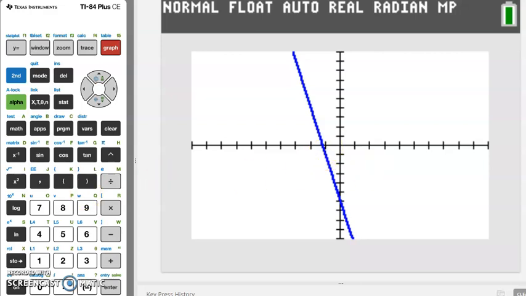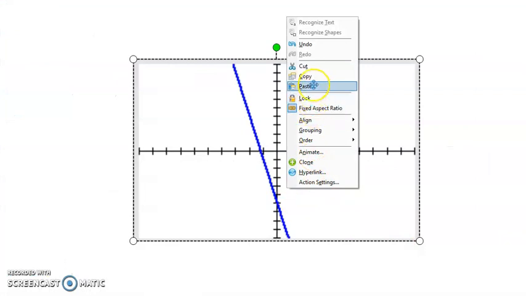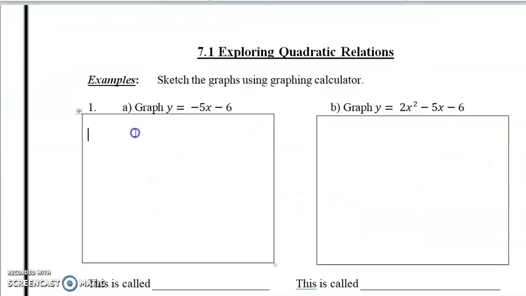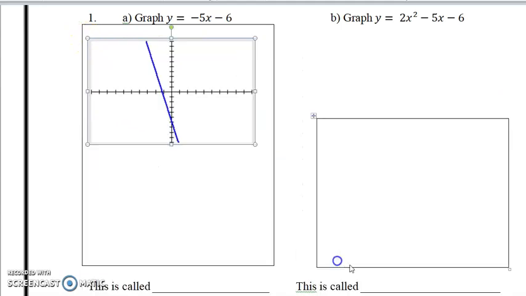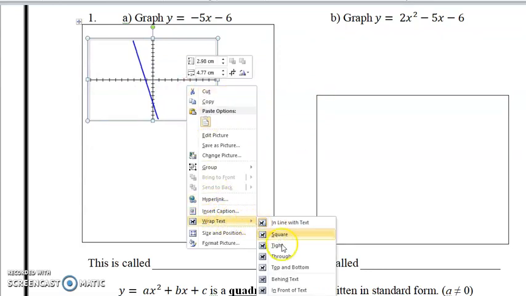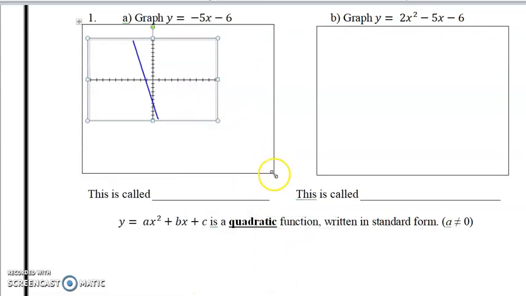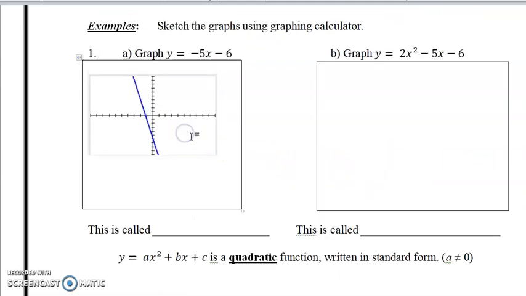Anyway, that's what we're going to sketch, so I'm going to take a picture of that graph for our page here, and we'll put it in here. There we are. A little too big, but I can fix that. There's your graph. Okay.